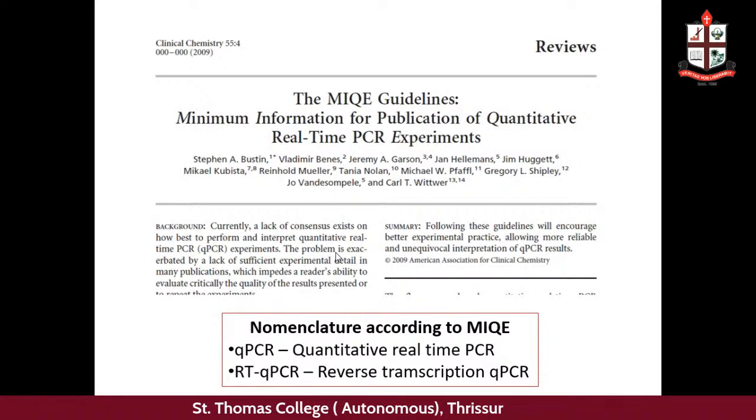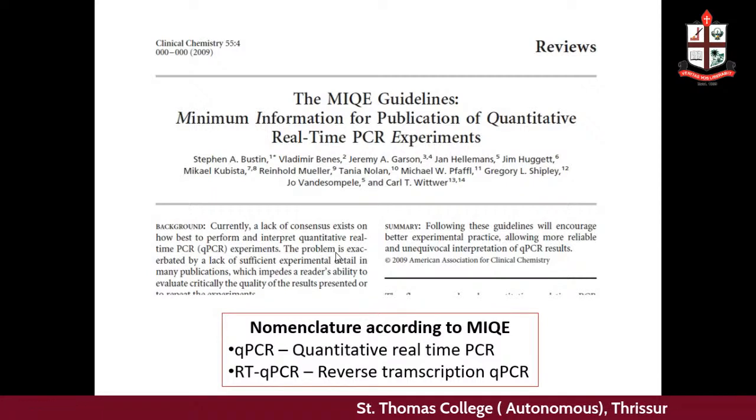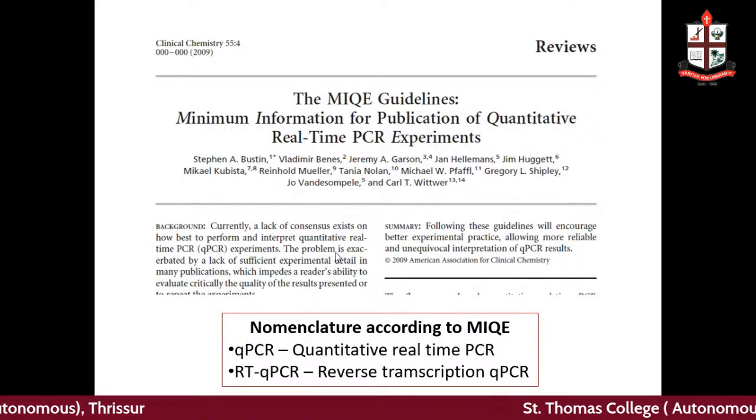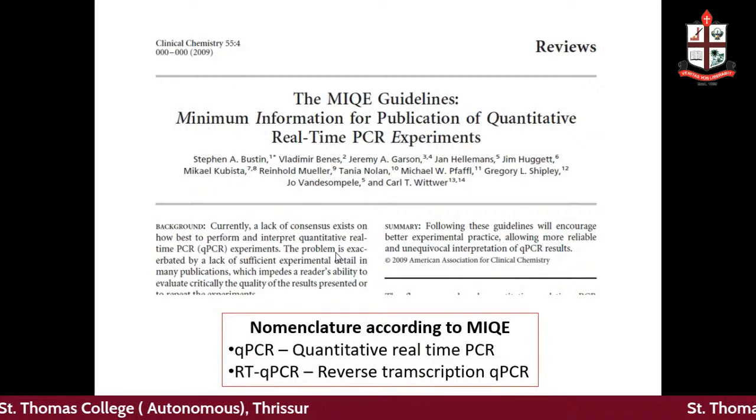And also when you publish real-time PCR data, what results you have to show along with your actual result, what other information also you have to provide for the journals, so that they can verify the result is accurate. So anyone who does real-time PCR or is planning to should read this article, and that explains how to do the real-time PCR in a perfect manner.